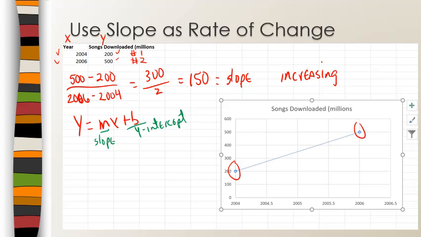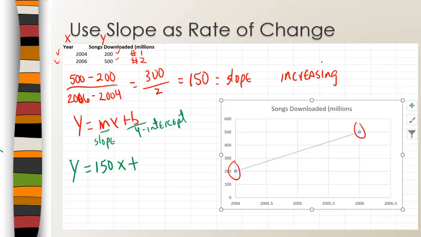All right. Now, let's look at this graph. Well, I've calculated the slope. So if I'm trying to find y, and y in this case is how many songs are downloaded in the year 2020, the prediction, and I've got a slope of 150, so I could say 150x plus, now what's the y-intercept here?